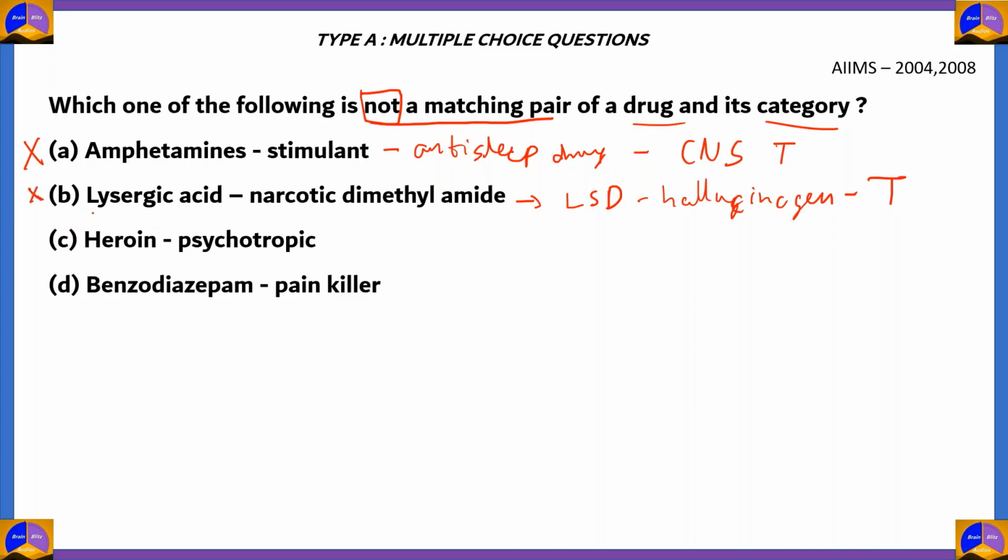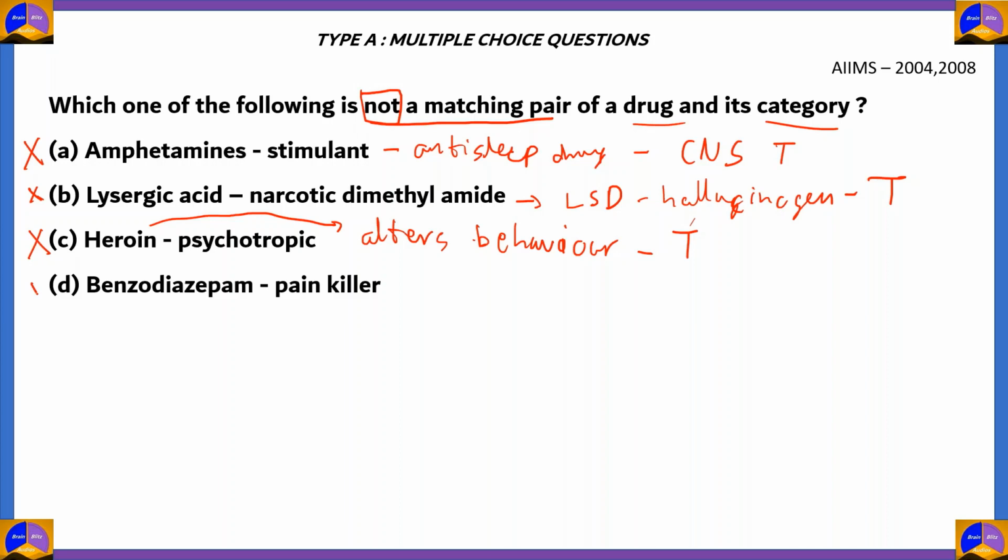What about option C, heroin psychotropic? Now they're saying that heroin is a psychotropic drug, which is correct because heroin alters behavior. So if someone consumes heroin, they have altered behavior such as mood swings. So the matchup is true. So therefore we say that option C is incorrect.